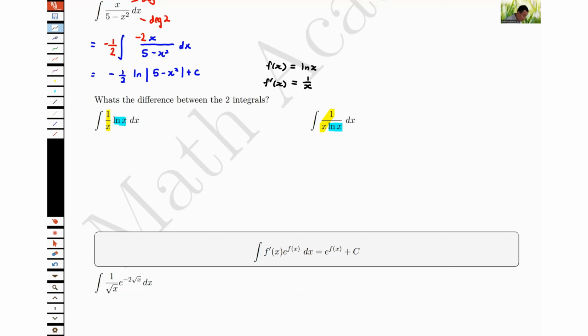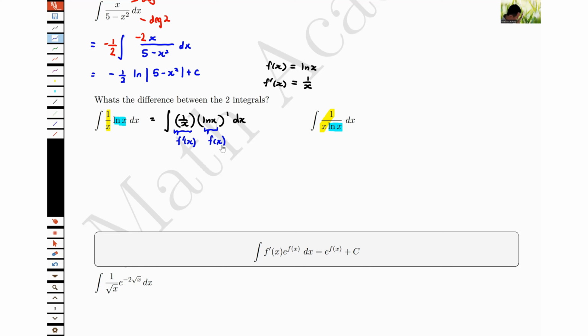So the first formula on the left here will then read as, this is of the form 1 over x, ln x power 1. It is the first formula that we have done above, such that this is your f prime. This ln x is your f(x).